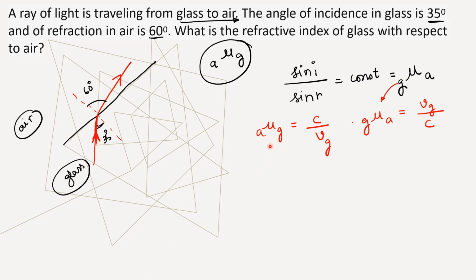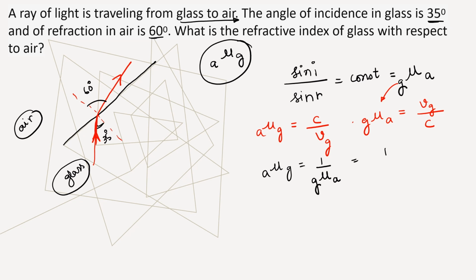Mu g by a, refractive index of glass with respect to air is c by vg, and here refractive index of air with respect to glass is vg by c. See that they are exactly reciprocal to each other, so we can write refractive index of glass with respect to air is 1 by refractive index of air with respect to glass.